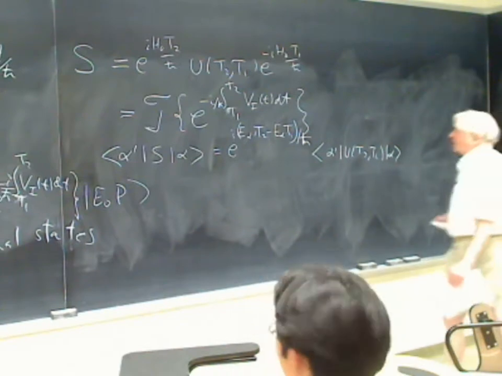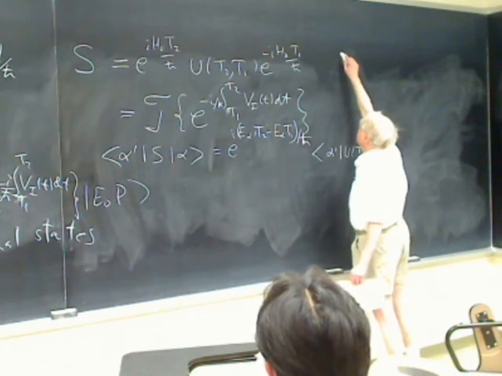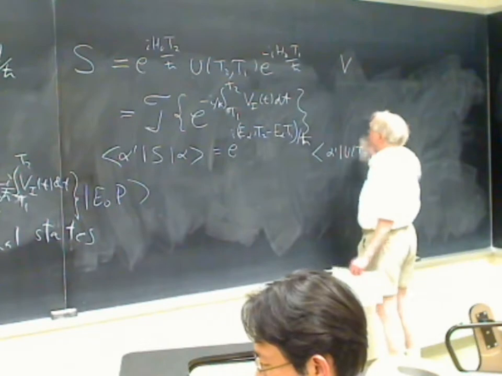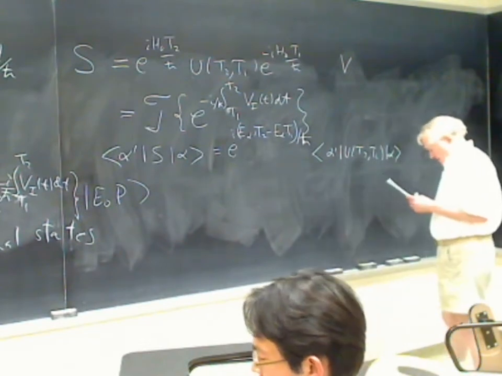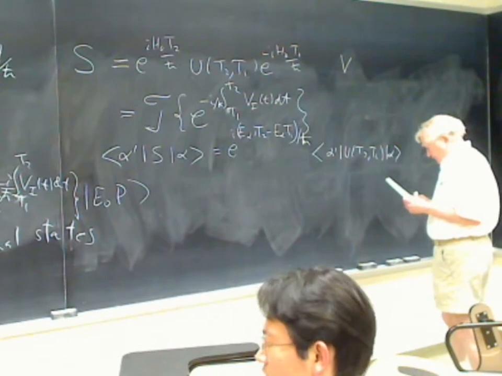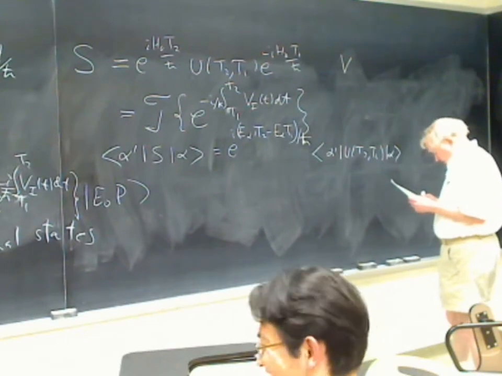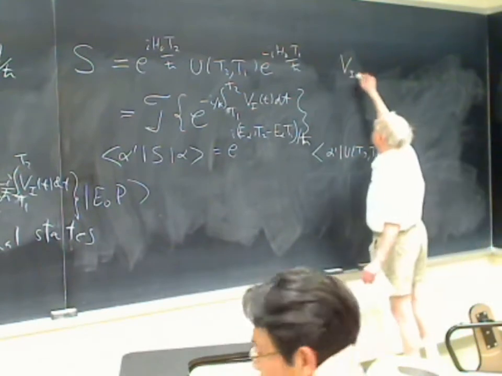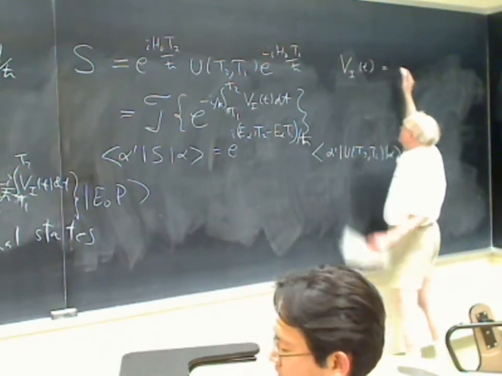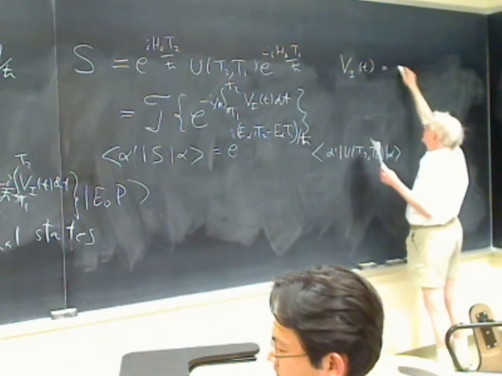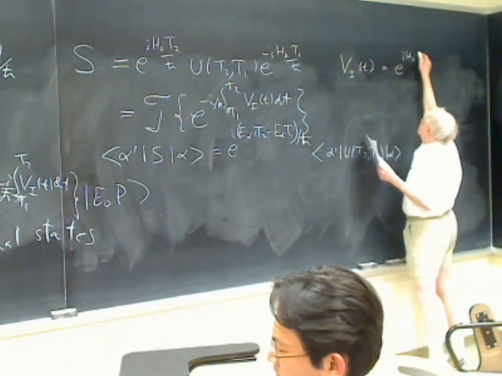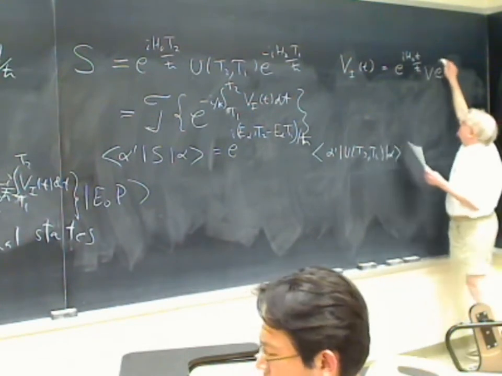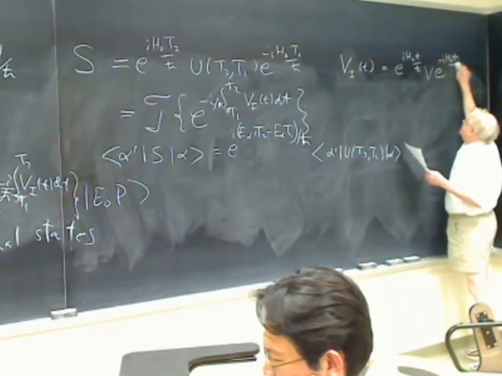Well, I'm going to consider a very simple example where V is just a constant. That is to say, it doesn't itself have any time dependence at all, and in that case, V_I of t is going to be e to the i H0 t over h bar V e to the minus i H0 t over h bar.